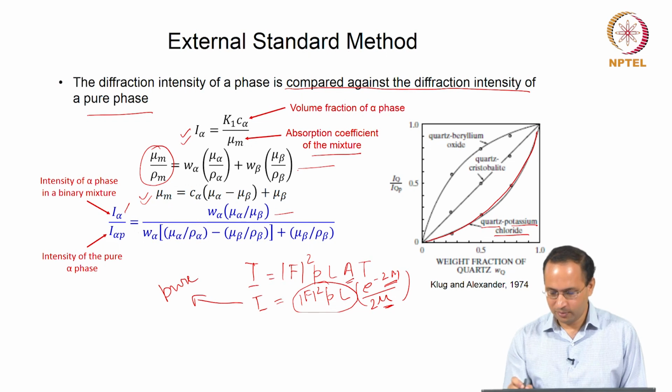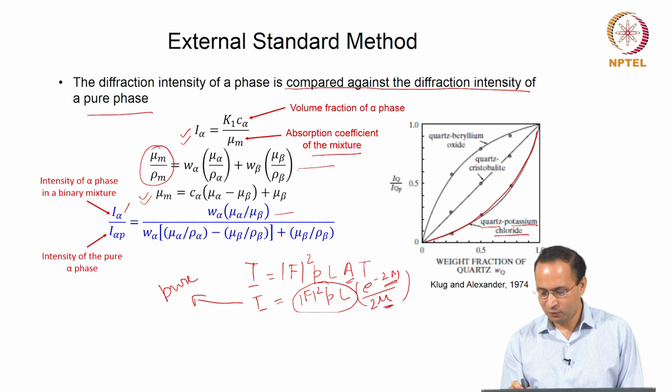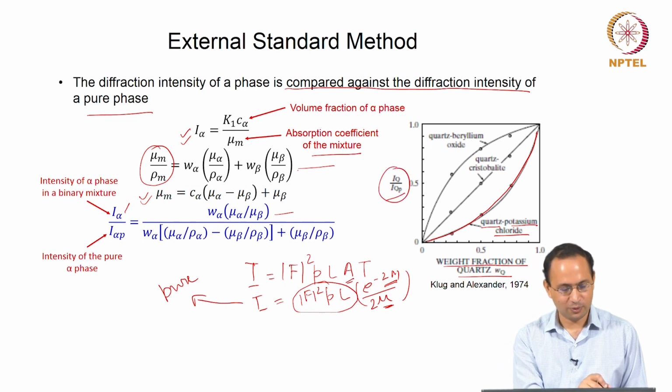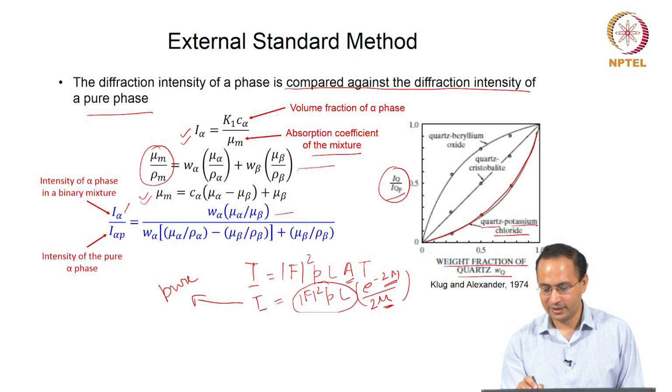What you see is we can vary the amount of quartz. Depending on the weight fraction of quartz, you see the relationship with I alpha over I alpha p, and we got these data points. First of all, what you notice is that this is not a linear curve.